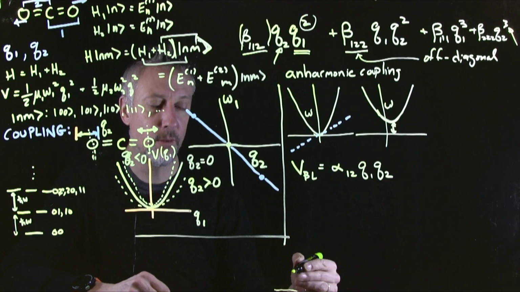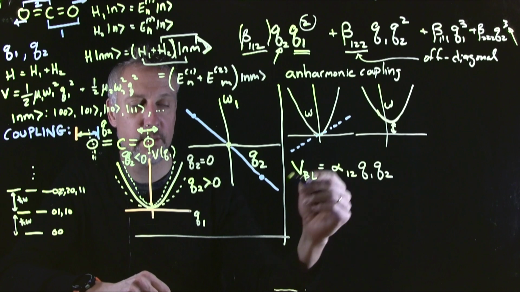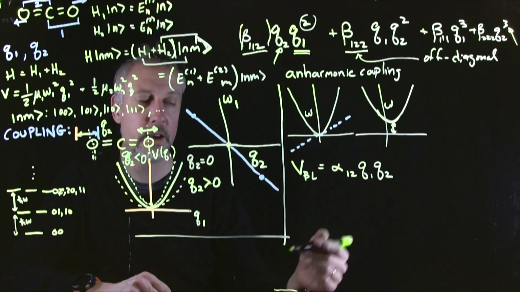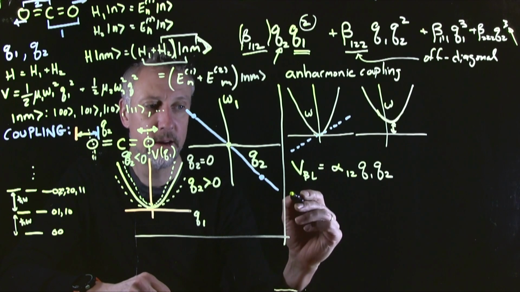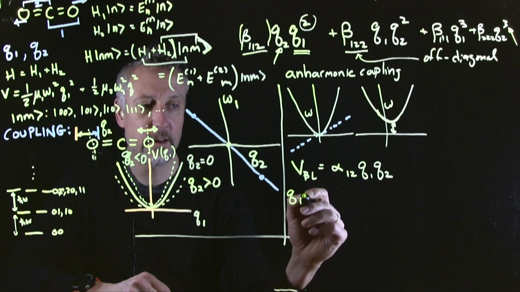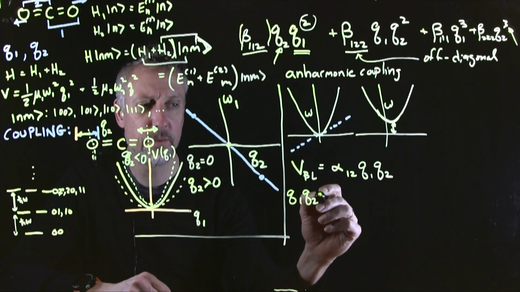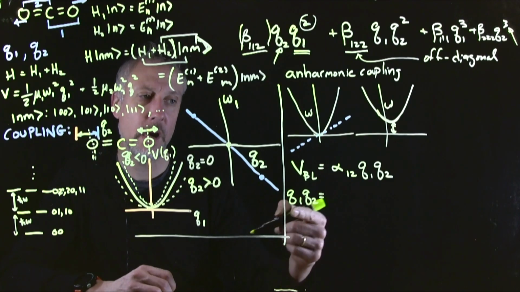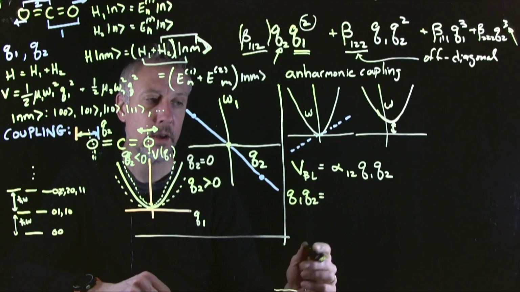So I can do a few of them right away. Let's not worry so much about the alpha 1, 2. That's certainly going to be something that we need to put in at the end, the strength of this effect. So what is Q1 and Q2? So remember what we have. I'm going to use the capital Q notation.